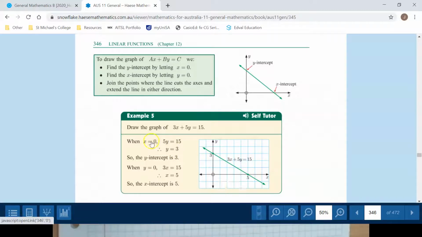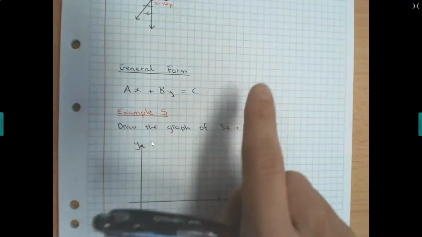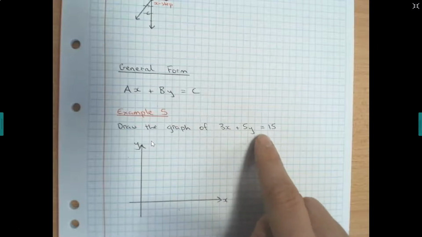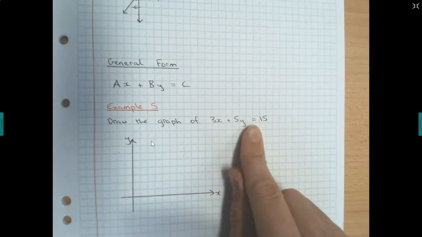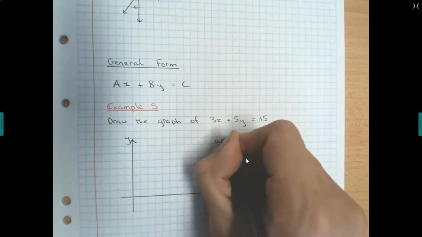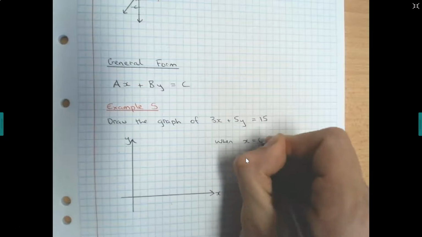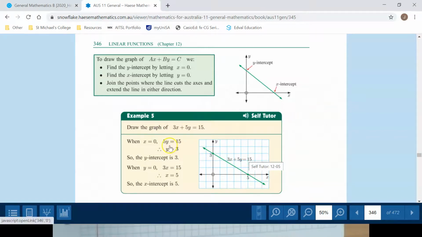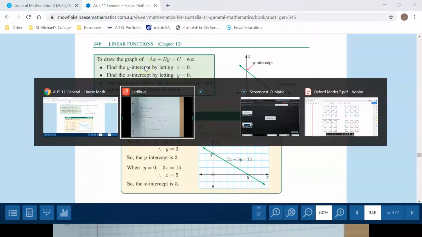So if I substitute the value of x equals 0 into this equation to find a value for y, I can use this information to plot a point on the graph. When x equals 0, that's going to be the y-intercept. Remember, whenever x is equal to 0, we have the y-intercept.